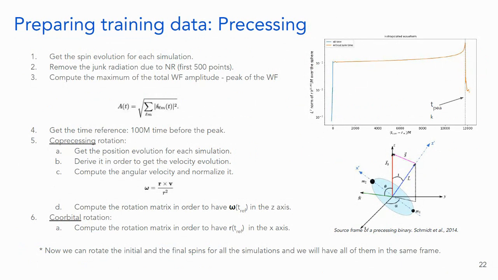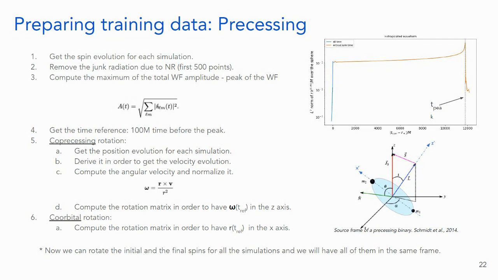Once we have this reference time, we do a co-precessing rotation, which is just to compute the angular velocity and do the rotation so that the angular velocity at this reference time is parallel to the z-axis of our frame.